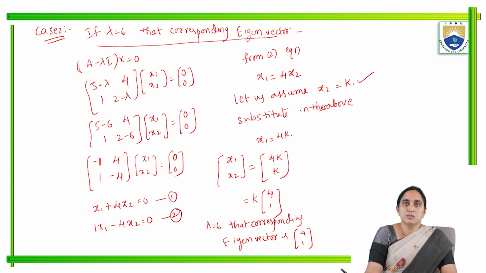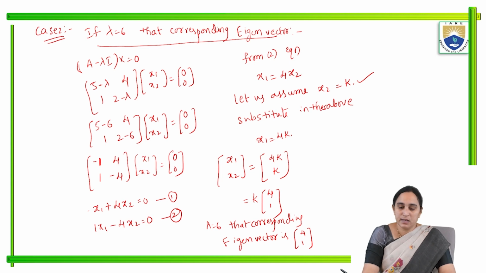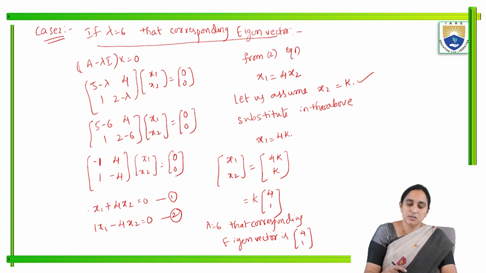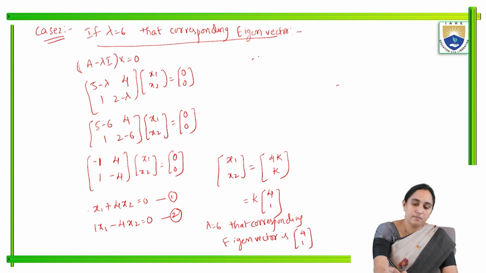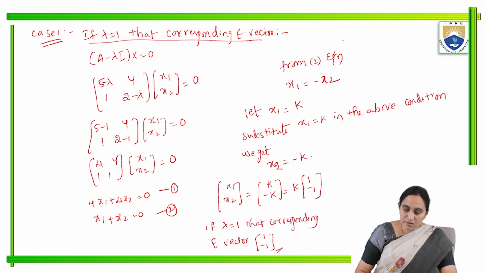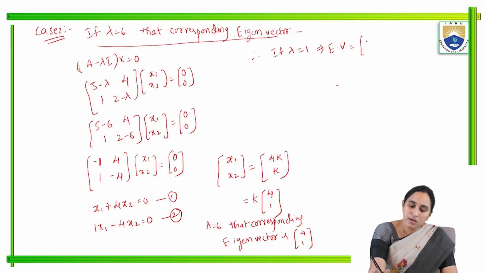Okay, this is the procedure for finding eigenvectors. From that, I'll write the last conclusion. Therefore, if lambda is equal to 1, the corresponding eigenvector, first one, x1, x2 is equal to 1, minus 1.